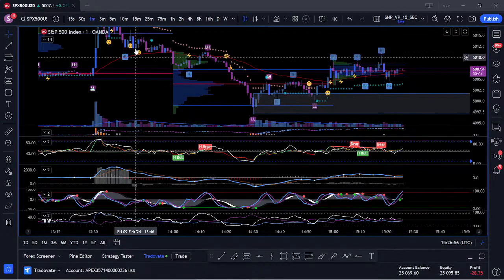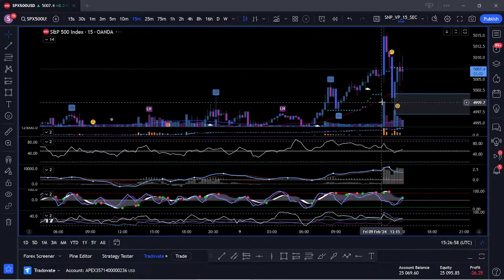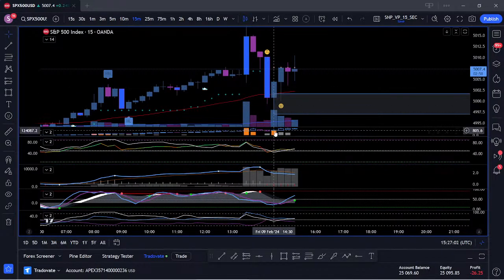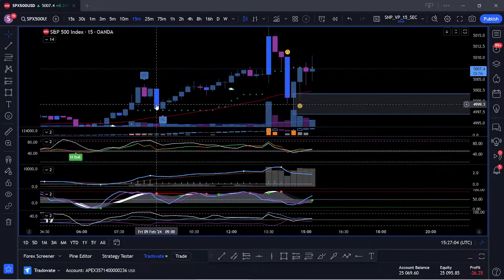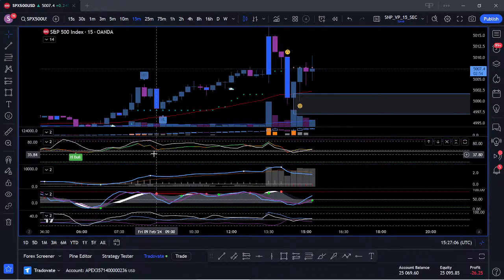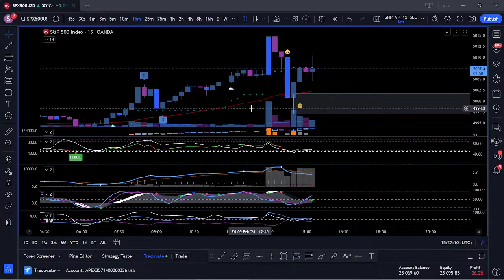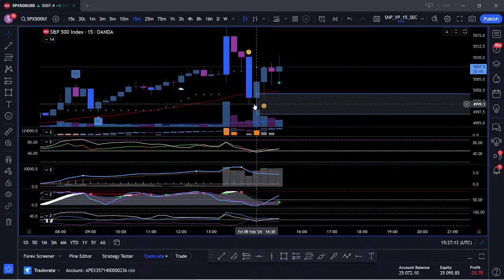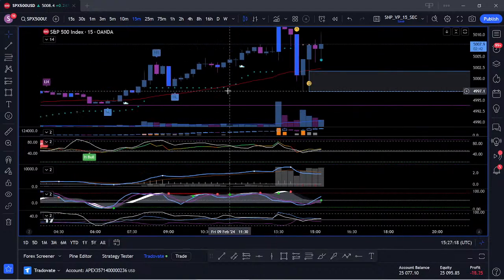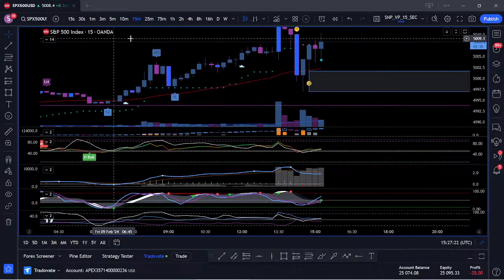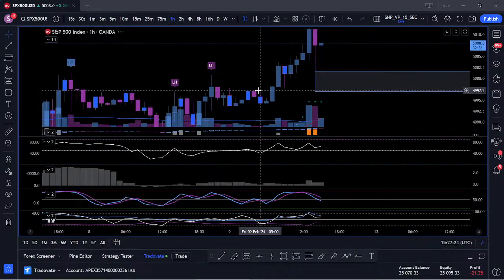Is this a divergence? Let's see on 15. This is here, this is here, this is here, this is here. Okay. That's a divergence. Yeah, that's a divergence on the bigger time frame.